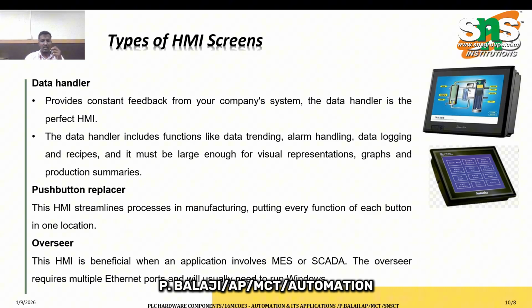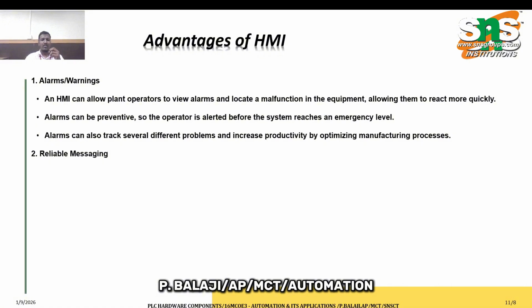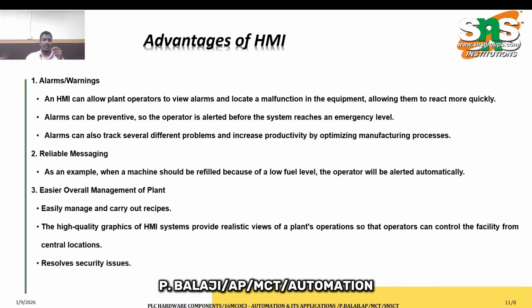Next, the advantages of the HMI system. HMI gives alarms and warnings for exceeded data, and many kinds of preventive alarms before the data reaches the emergency level. The alarms can also track several different problems, increase productivity, and optimize the manufacturing process.